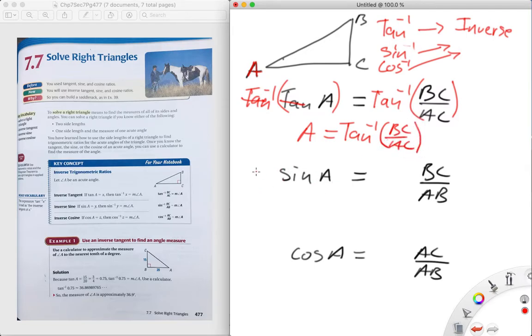Same thing down here. Inverse sine cancels out sine. So that angle A will equal sine inverse of BC over AB.